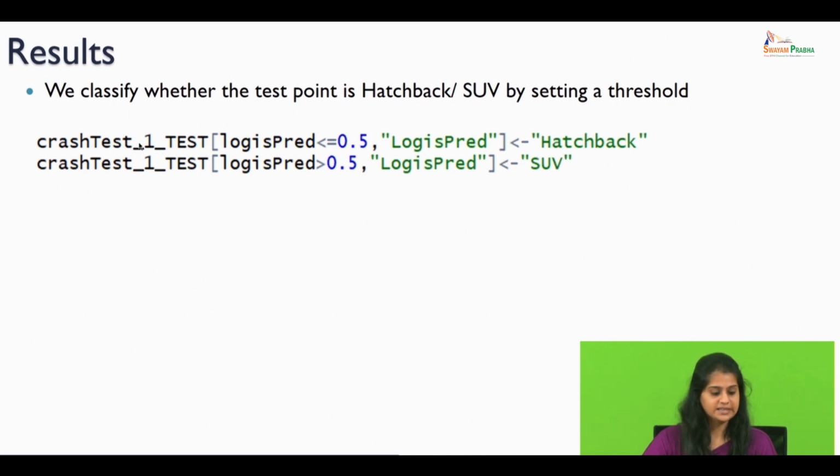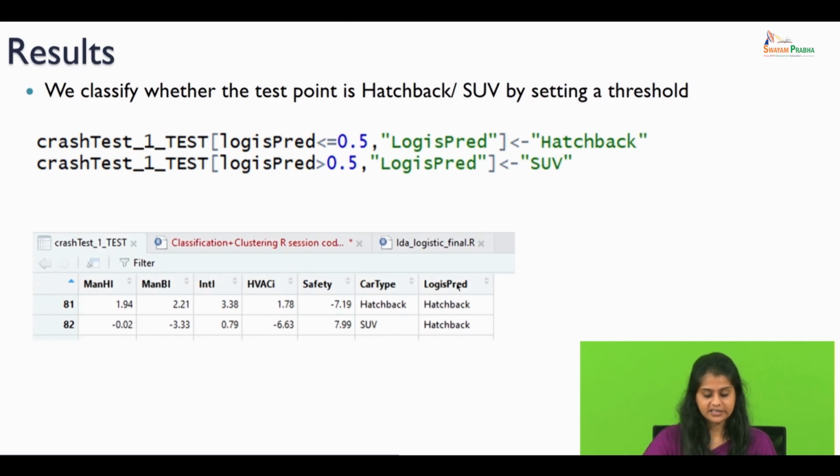From the data crash_test_1_test, I create a column called logispread, and if the value calculated for that point is less than or equal to 0.5, then assign hatchback under this column, and if the logispread is greater than 0.5, assign SUV under this column. If you run the commands, this is how it creates a column.